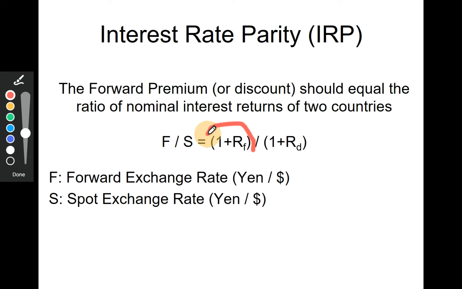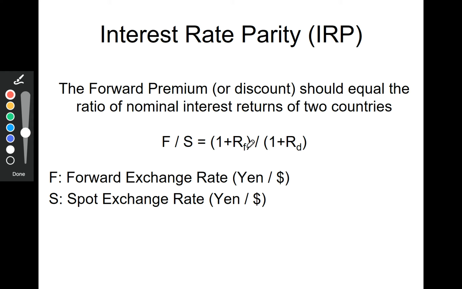So this is one country and its return, because it has 1 plus their interest rate, and we denote their interest rate by capital R with a subscript F, F for foreign. So this is the nominal interest rate in the foreign country. Notice that in economics and finance, sometimes we use capital R's, sometimes lower case r, and sometimes I for interest.